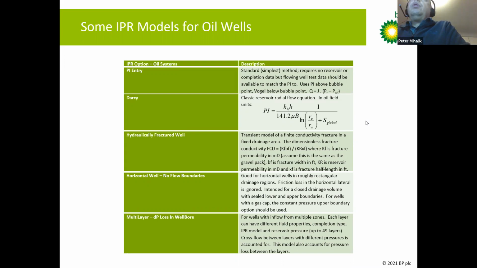Multi-layer DP loss in Wellbore model we use very often. This allows you to calculate IPR curves for wellbores that have multiple completions in them, multiple layers. And the different layers can have different water cuts, different PVTs, different reservoir properties, and you'll get a composite IPR curve at the end of it.